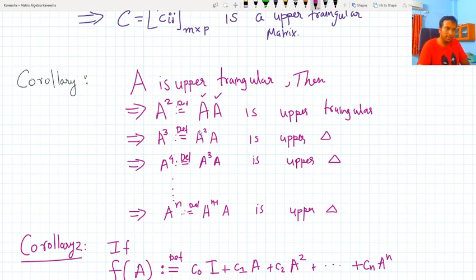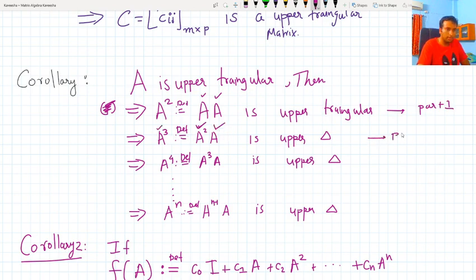A cube is defined as A square times A. Since A square is upper triangular, as we proved in part 1, and A is upper triangular, hence A cube is upper triangular.